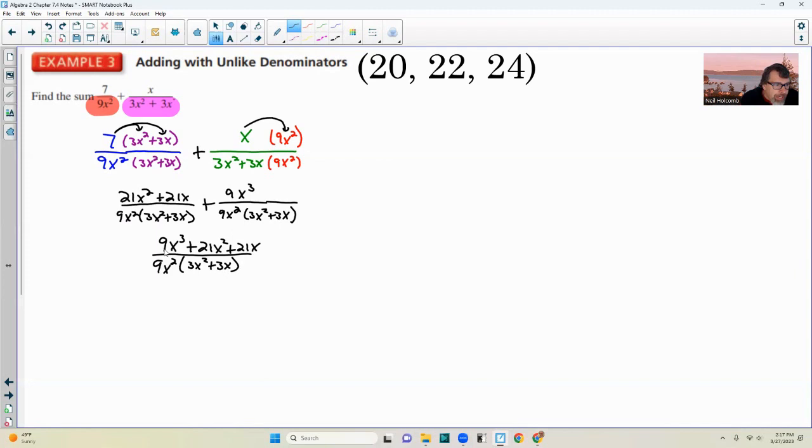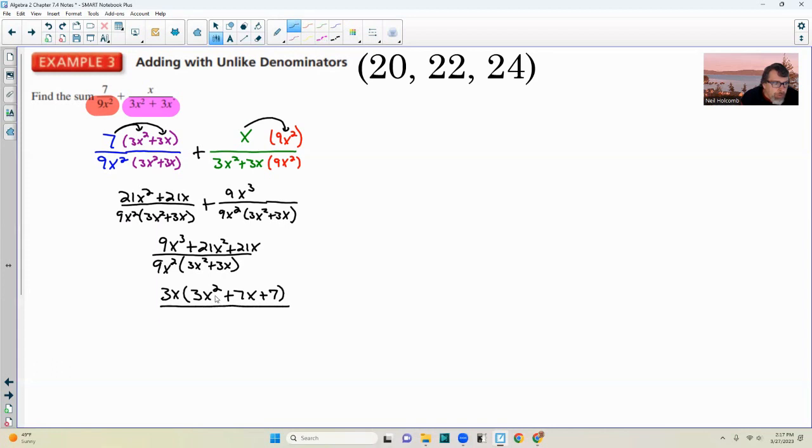Okay, so if I factor out a 3 and an x in the numerator, factor out a 3x, 9 divided by 3 is 3, x cubed divided by x is x squared. 21 divided by 3 is 7, x squared divided by x is x. 21x divided by 3x is a positive 7.